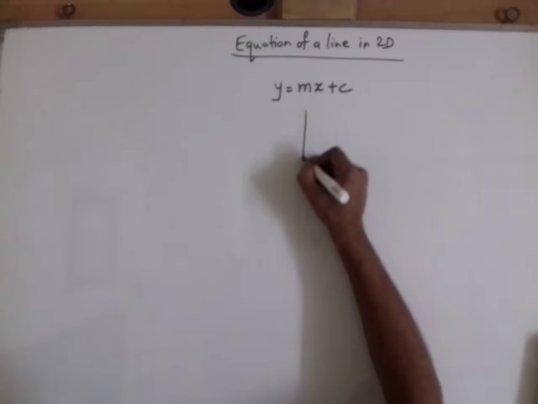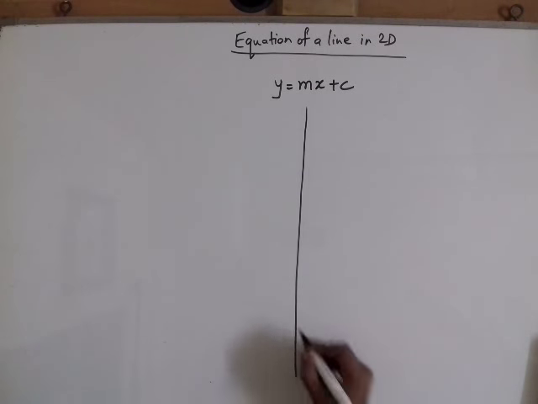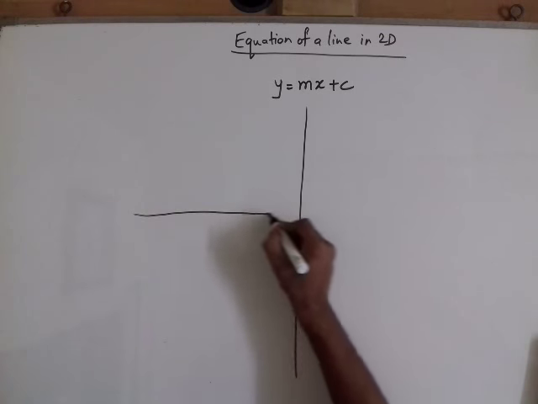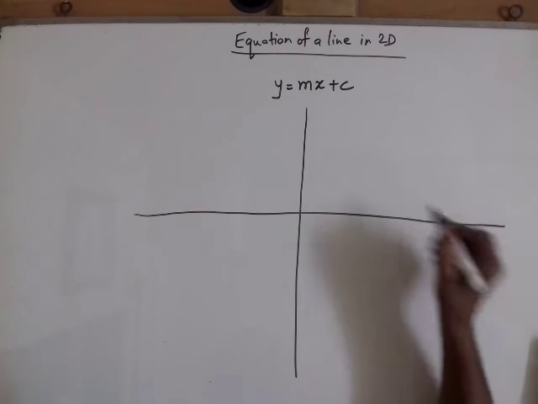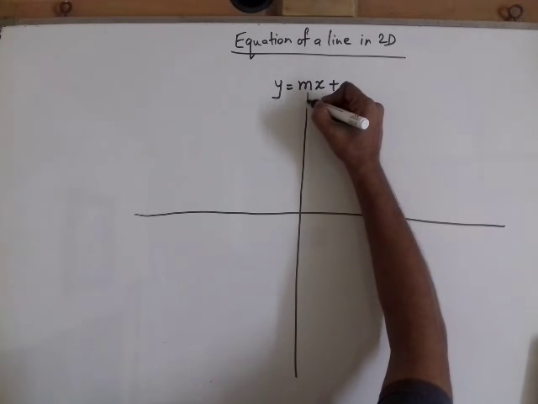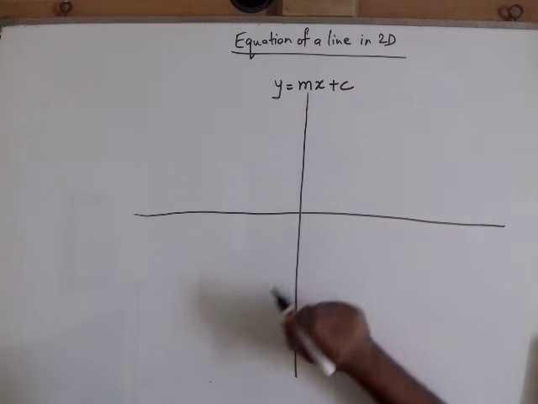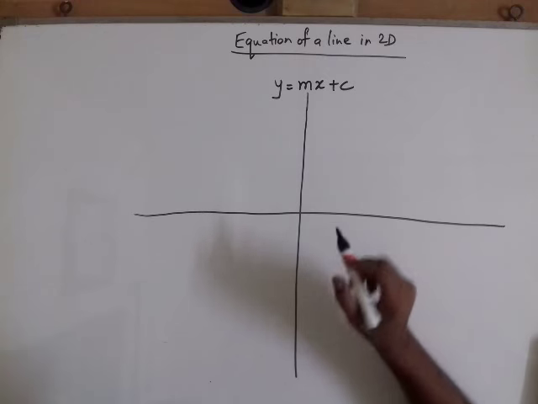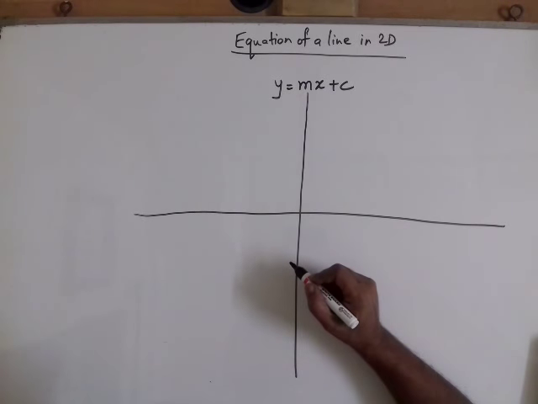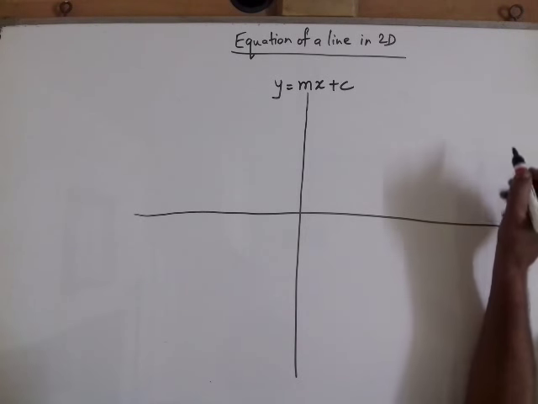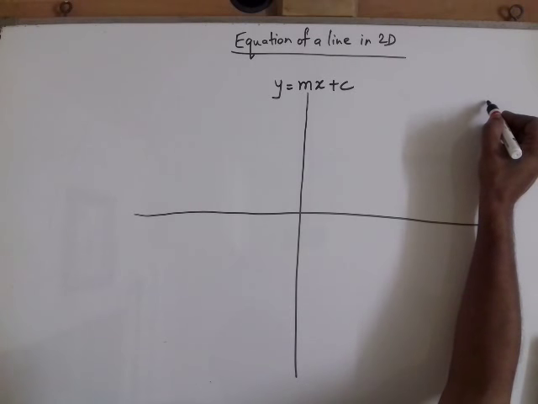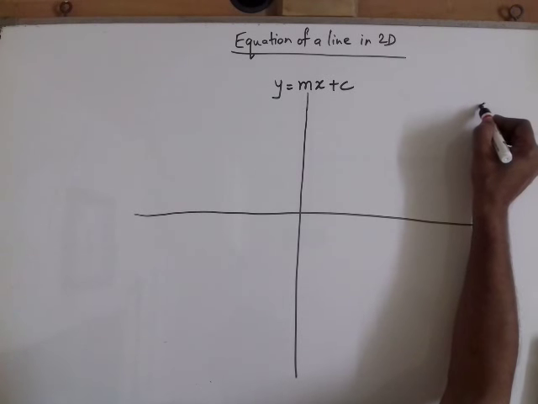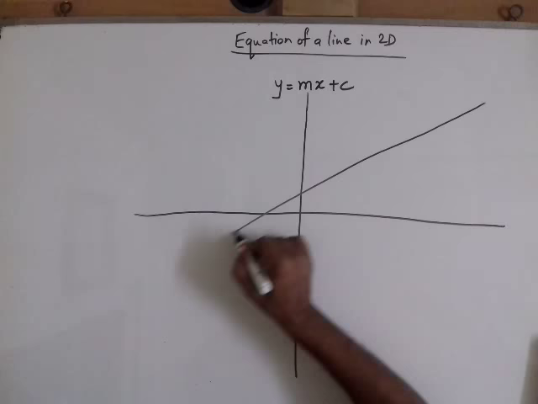So if this is your xy plane, once you were taught your concepts, you knew m was the slope, and we knew that if m is positive, then the line kind of starts low on the left side and slopes upwards as it goes right.